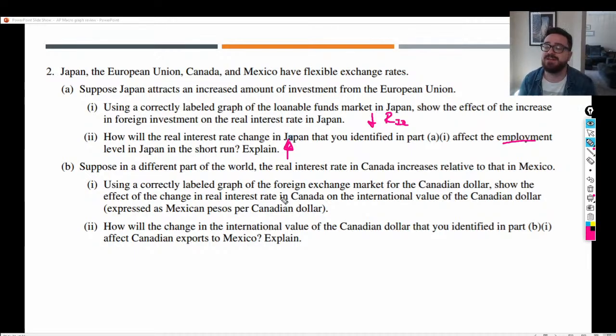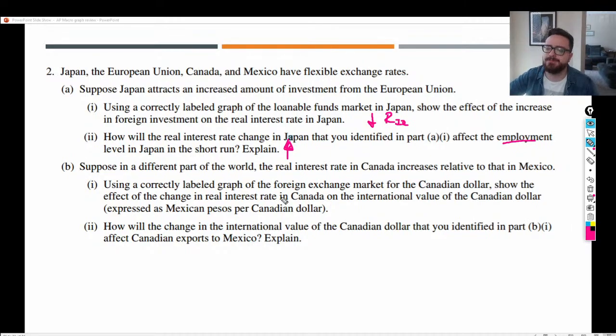And if they don't want to invest in Mexico as much, they wouldn't be supplying as much of their currency internationally. So a lot of the time, not every time, but a lot of the time with a Forex market question, there's more than one way to answer it based on perspective. If I take it from the Mexican perspective, I know that they'd want to invest more in Canada. If I take it from the Canadian perspective, I know they wouldn't want to invest as much in Mexico. Pick one, go with whatever. You'd be fine for either.